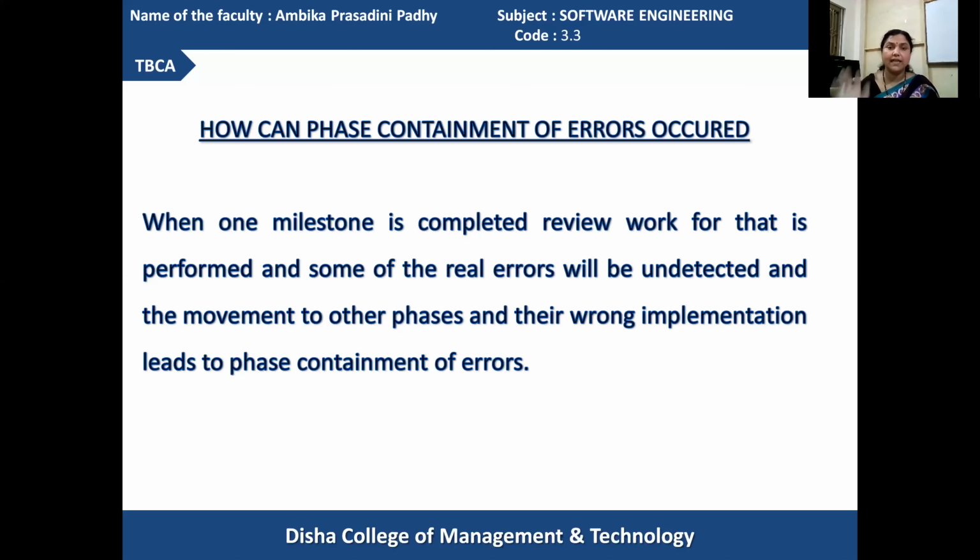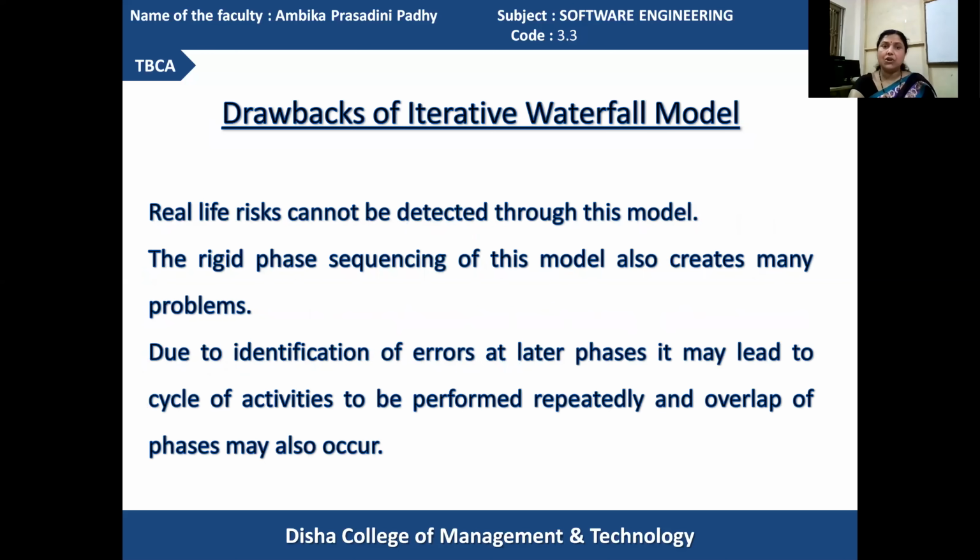If it is not identified in the same stage, it is supposed to give you drawbacks at many places. And there you will identify that you have some errors at the previous stages that can be identified and removed here. Got it? What are the drawbacks of the iterative waterfall model?